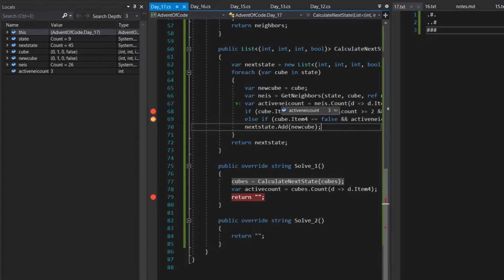Its active neighbor count is 3, which I guess that's true.